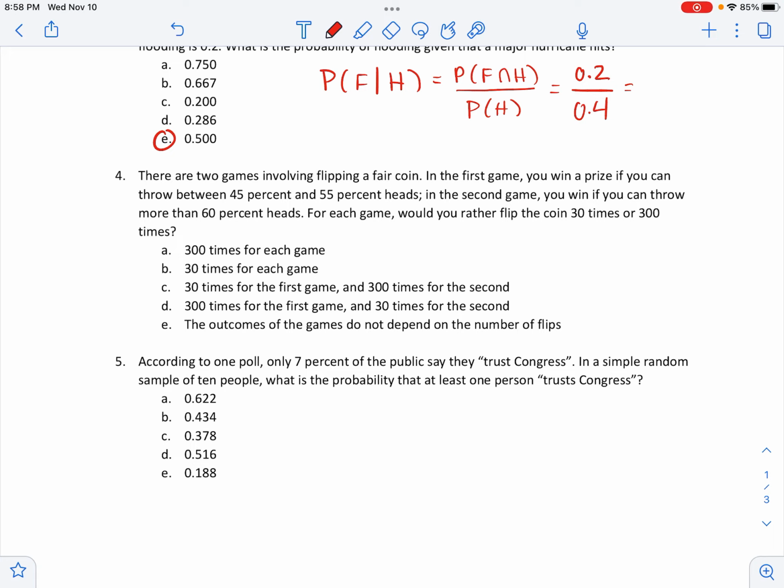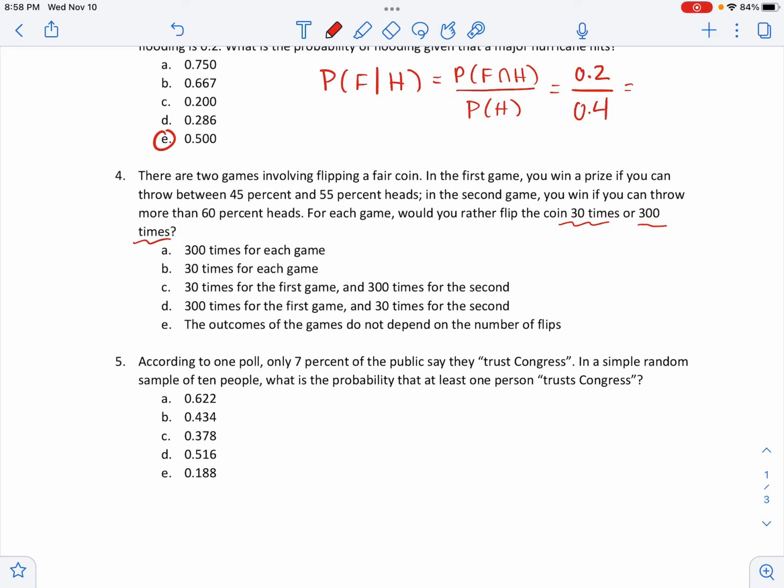So maybe when you first read this question, you were a little bit confused. So what are some strategies that we could approach a problem that we feel unsure about? One thing I want to point out is to think about the question itself. For each game, would you rather flip the coin 30 times or 300 times?